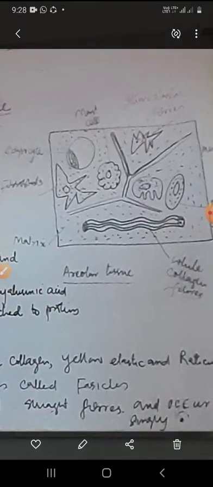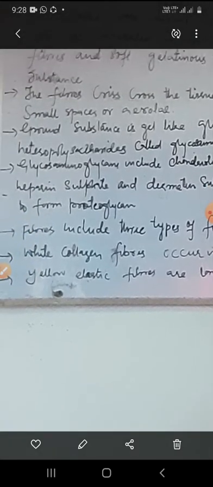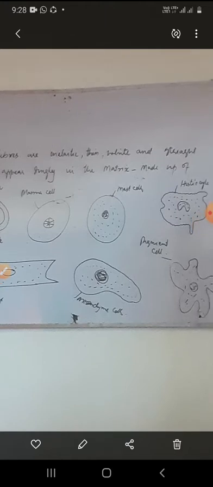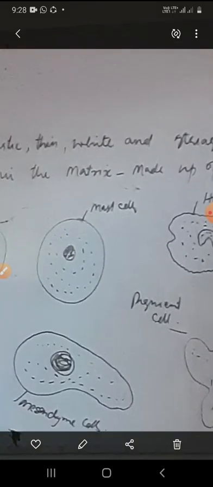And then the third type of fibers are called reticulin fibers. Reticulin fibers are inelastic, thin, branched, white and straight fibers.